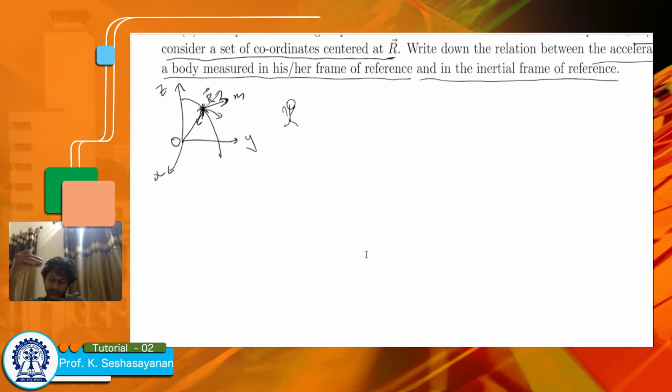So since the origins themselves have changed, the way to relate the accelerations as measured in the reference frame of this person and the reference frame of the inertial observer would no longer be the same as the expression which we used previously. So now we will try to see what is the correct expression that one should use.